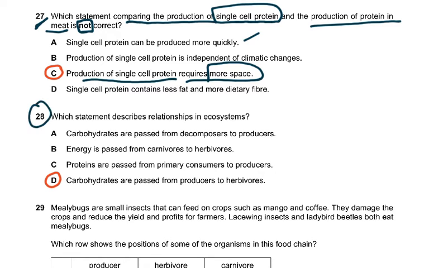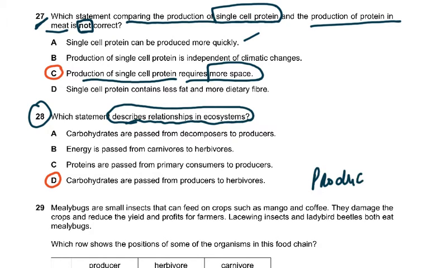Then coming on to question number 28, which statement describes relationships in ecosystems? Carbohydrates are passed from decomposers to producers, energy is passed from carnivore to herbivore, proteins are passed from primary consumer to producer, carbohydrates are passed from producers to herbivores. Now, you know, the producer is the beginning of every food chain.